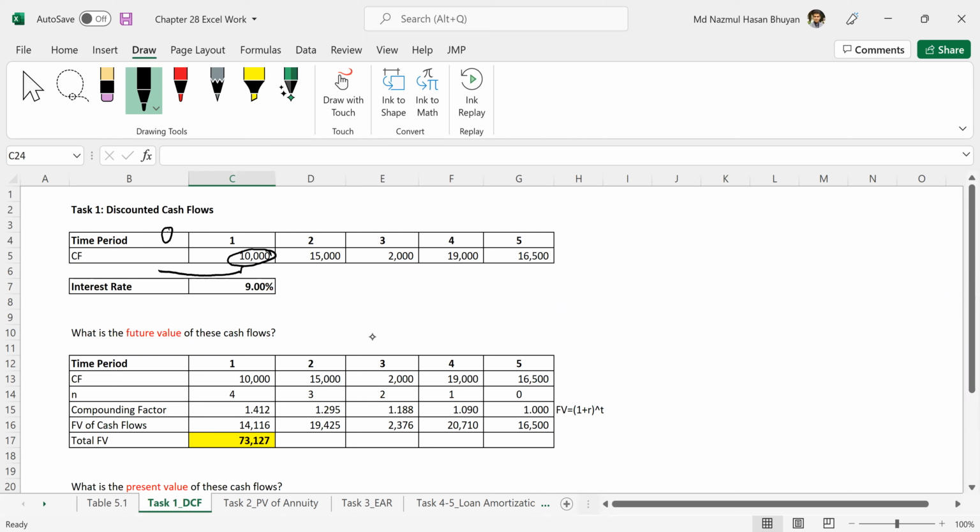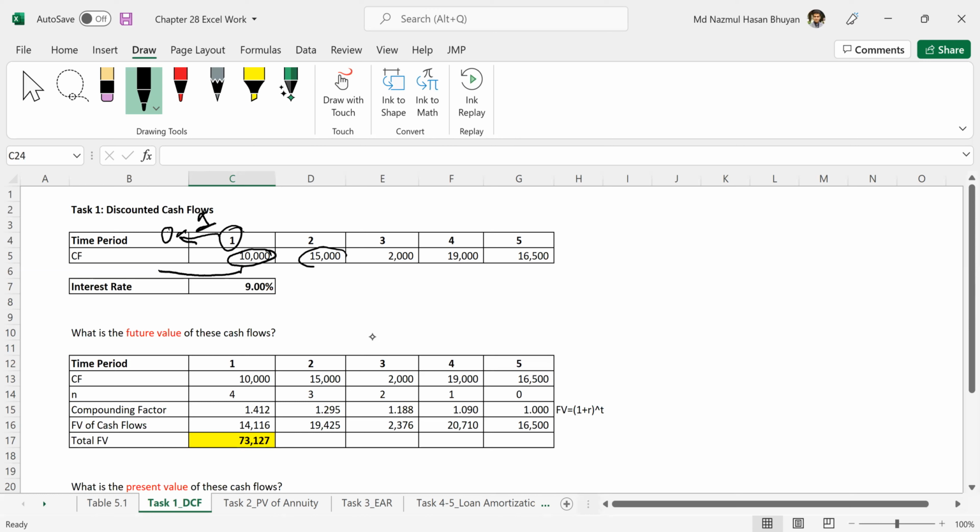So for how many periods do you want to discount this $10,000? You want to take the value of this money from year number 1 to year number 0. So what is the time gap here? 1. So you want to discount this $10,000 for just 1 year.